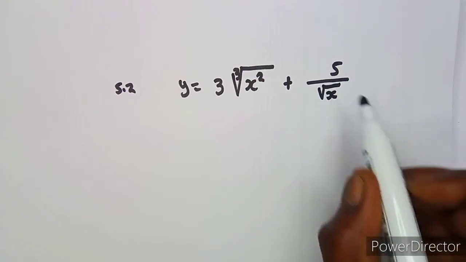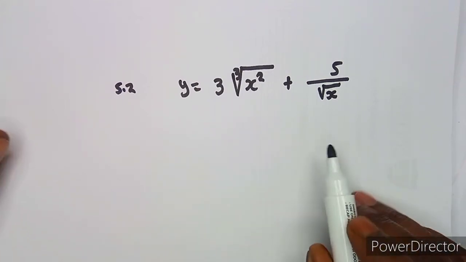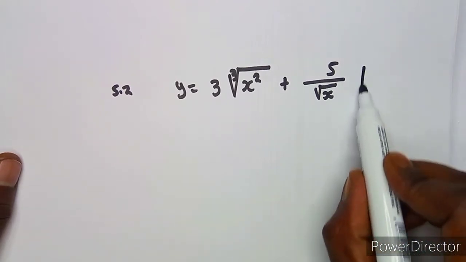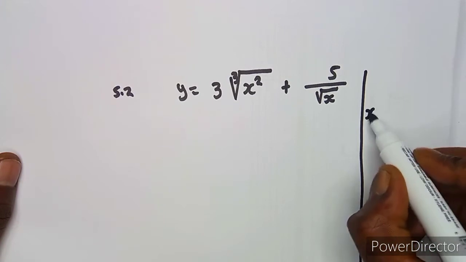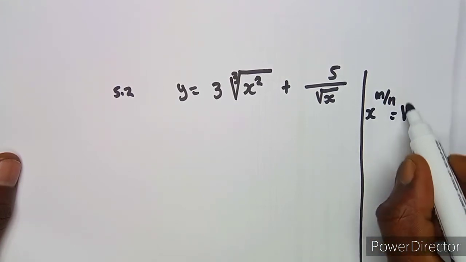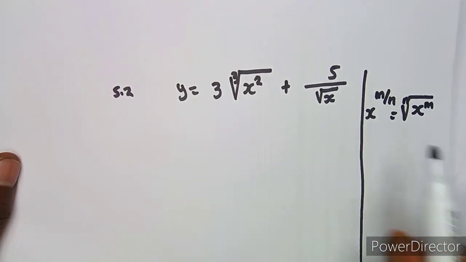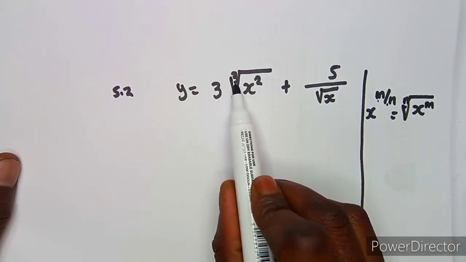Before you do any derivative, before you find any dy/dx, first make sure that you rearrange in a format that you understand well, which means you have to apply your laws of exponents. Remember, from your laws of exponents, x to the exponent of m over n gives us the nth root of x to the exponent of m. So this is m over n, and your n is the one that is inside the root.